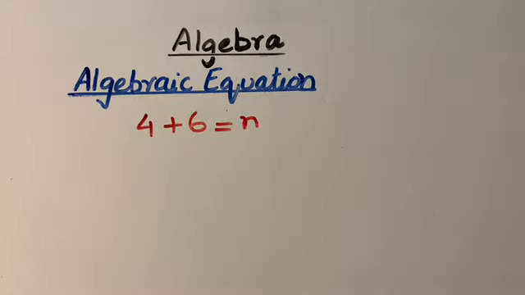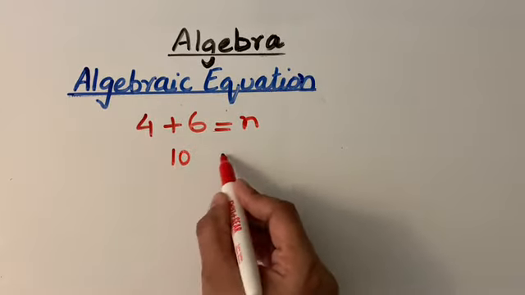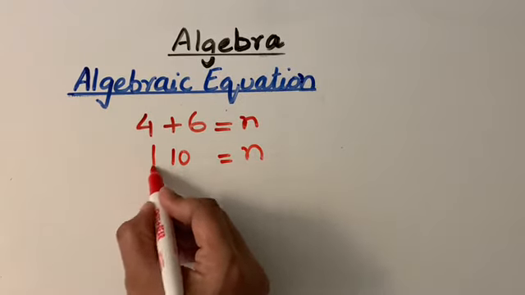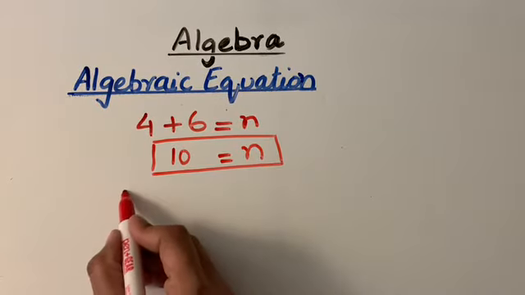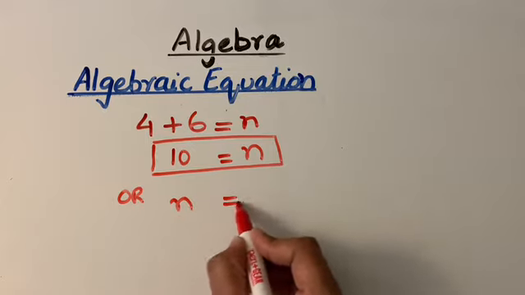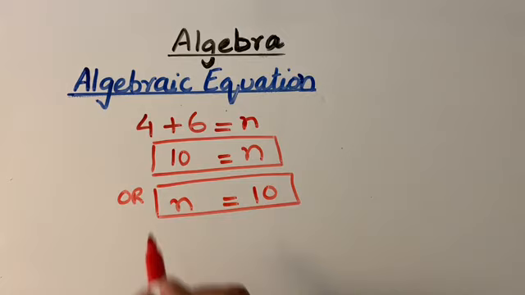Let's solve our algebraic equation. 4 plus 6 is 10. So 10 equals n. So the value of n is 10, and we can also write it as n equals 10. Both mean the same.